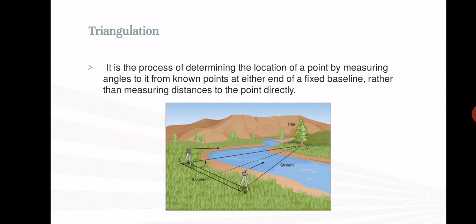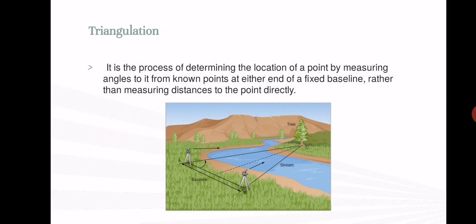Now, talking about triangulation, what exactly is triangulation? Here you can see two machines are placed on point A and point B, and they are observing a tree.